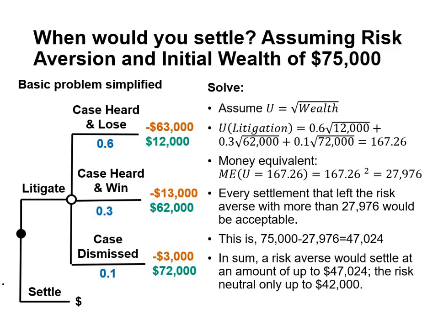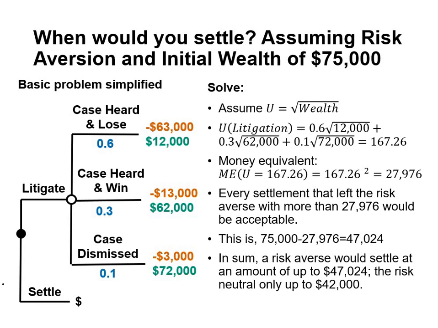Okay, so now what is that threshold? The only thing we need to do is, we know initially we have $75,000, and now we subtract the 27,976, and we are left with 47,024. So that means that a risk averse would settle at an amount of up to 47,000.